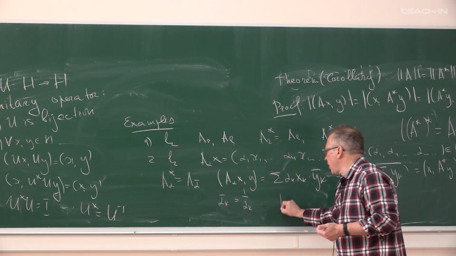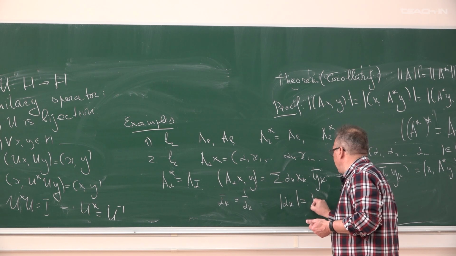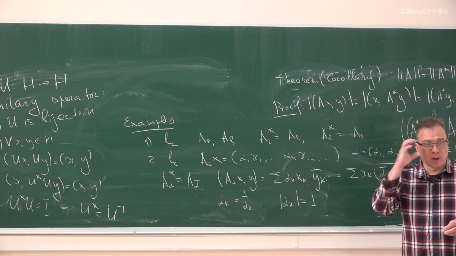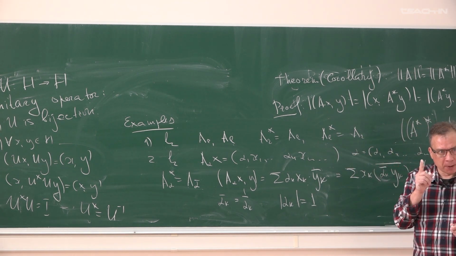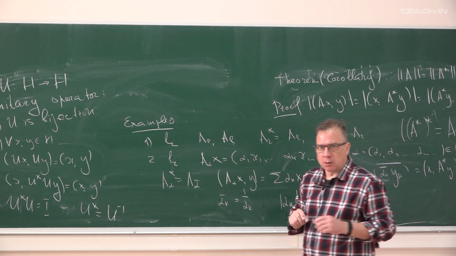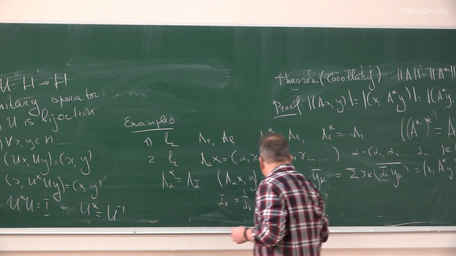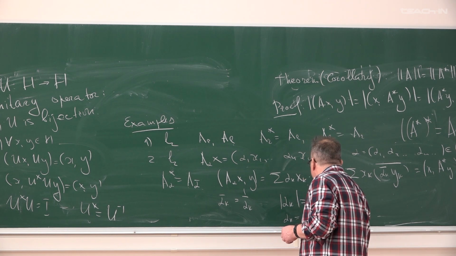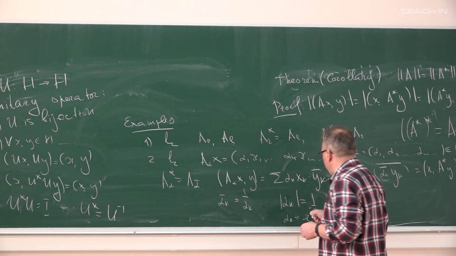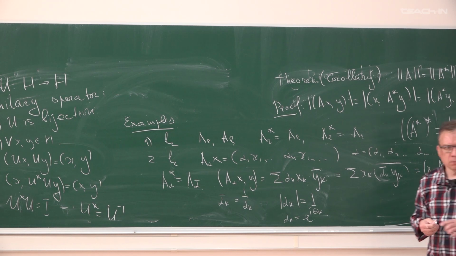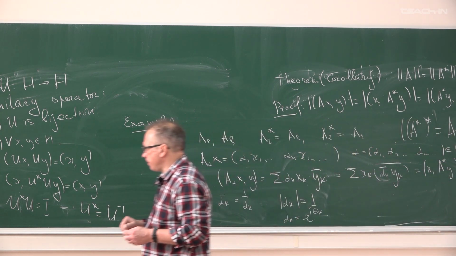So we immediately obtain that alpha k has absolute value 1. Maybe complex, so alpha k is something with some angle theta k. So this operator is unitary.